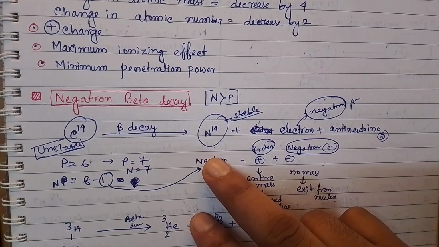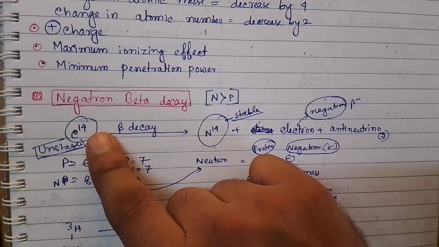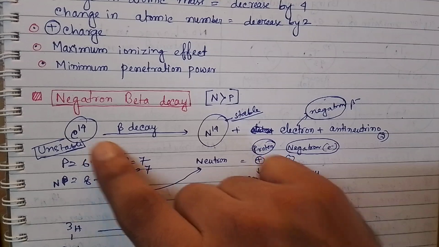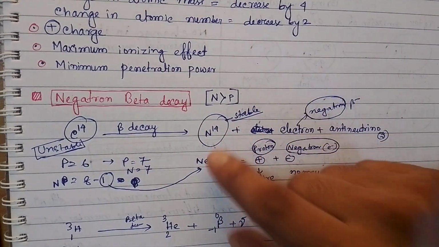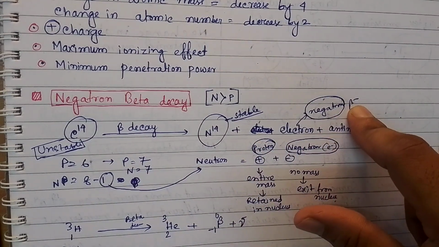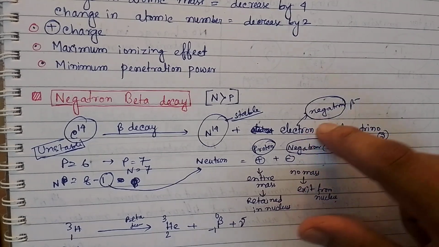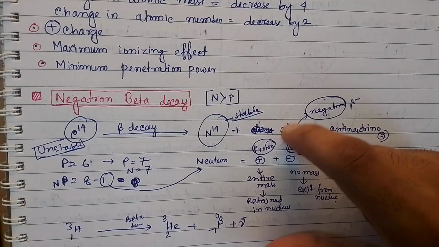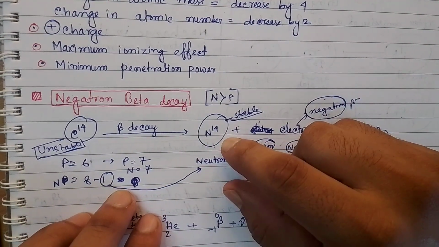After beta decay, C14, which is unstable, converts to nitrogen 14, which is stable. Along with that, one negatron, beta minus, is emitted. You can consider it like an electron, but it is not an electron, because we are taking all of this within the nucleus.